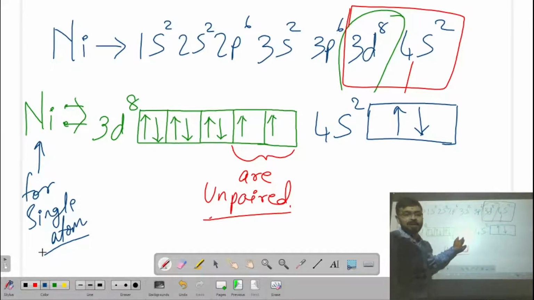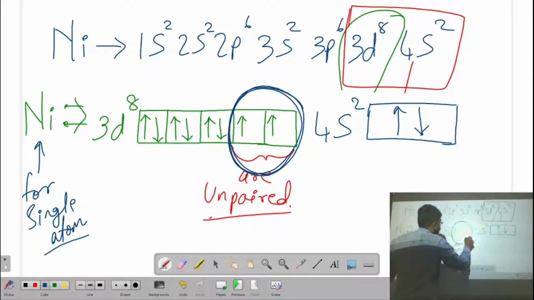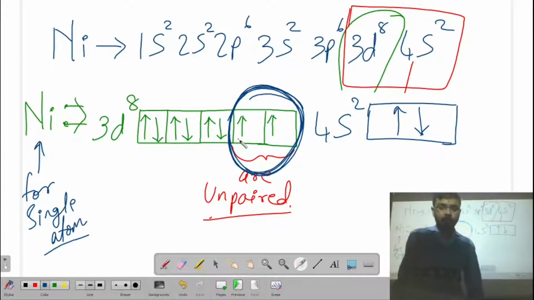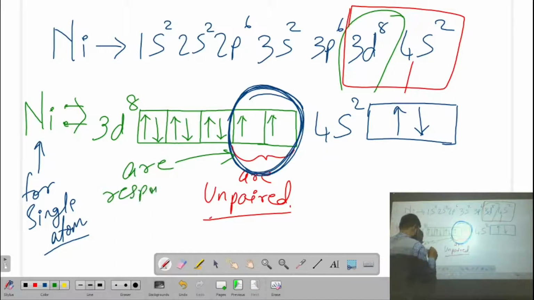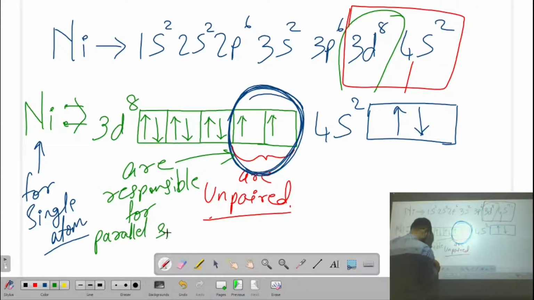Now, if we consider n number of atoms in a bulk material, you will have a large number of these unpaired electrons, and these unpaired electrons are responsible for the parallel alignment of magnetic dipole moments, that is, parallel spin.